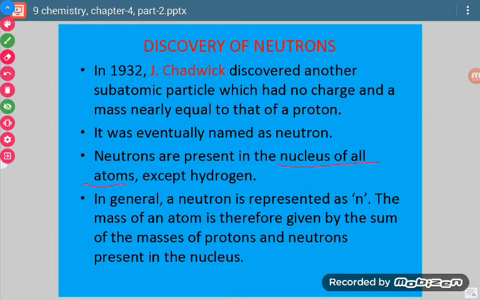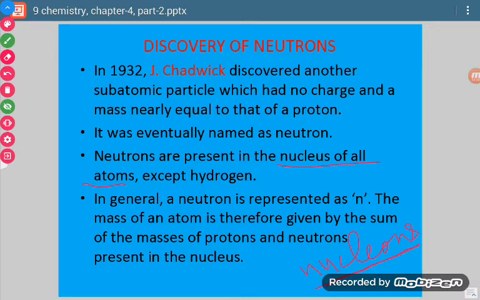And now see which subatomic particles exist in the nucleus. One subatomic particle which exists in the nucleus is proton and the other is neutron, and these two are collectively known as nucleons. What we say? Nucleons. So nucleons means proton plus neutron.